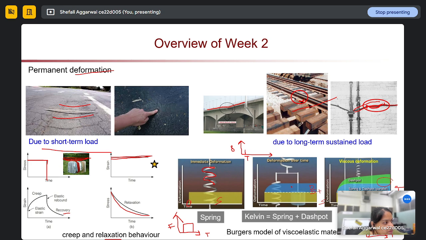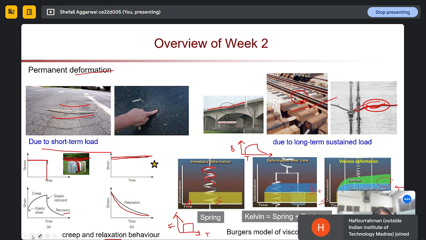Initially it will increase suddenly, then there is a linear increase, and after the linear increase, when stress is removed, there is a decrease, but it won't go back to the original position. There will be a recovery period, like in the creep graph if you have seen. So it will have a similar kind of behavior. Okay.